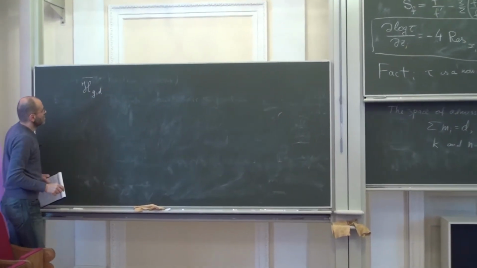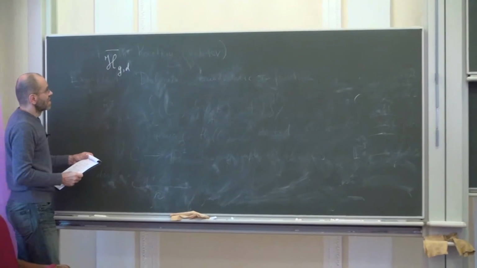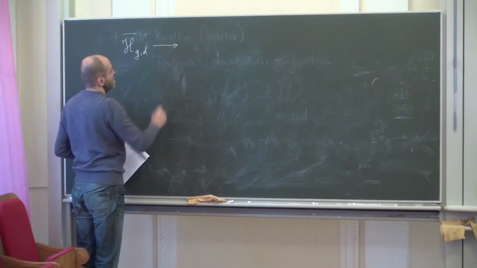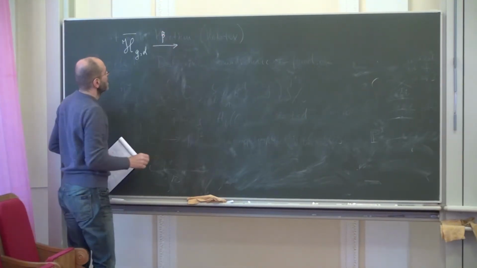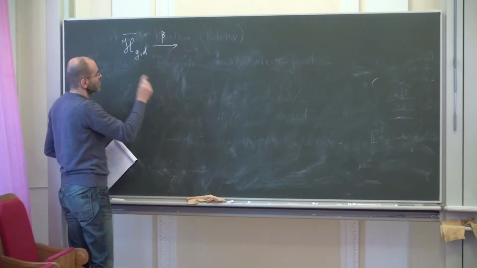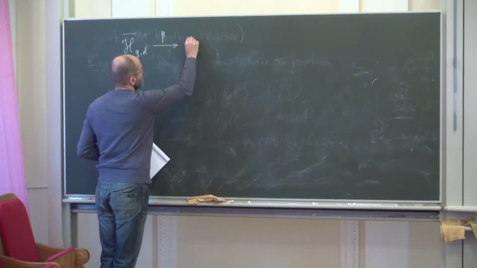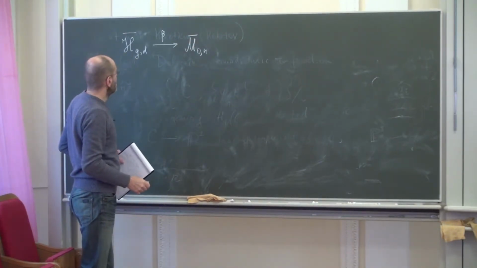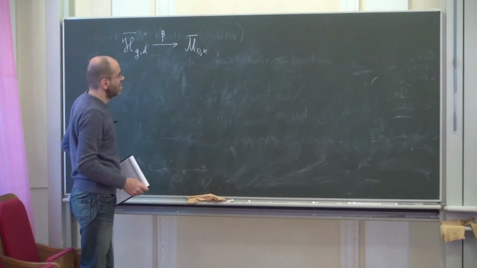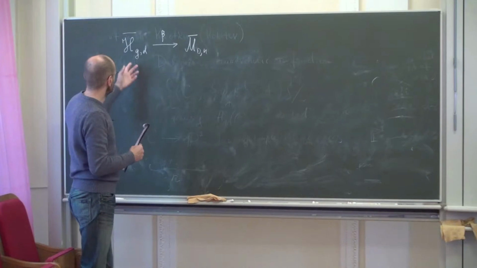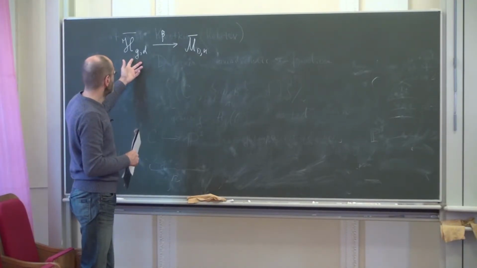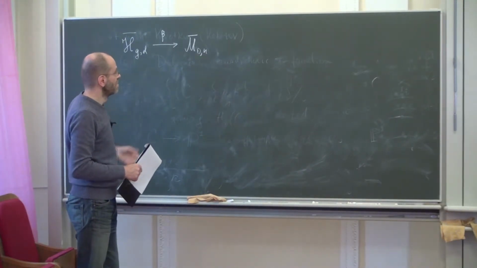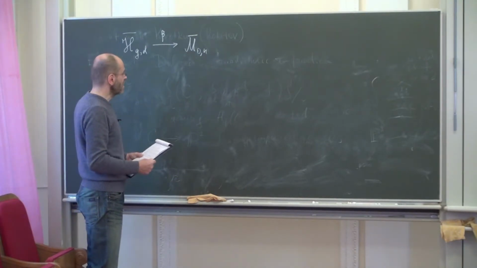So this space of admissible covers comes with two natural maps. One of them is the branch map that associates a point in the modular space M0n of n-pointed rational curves to a point in the space of admissible covers. The image is just a collection of critical values up to isomorphism.